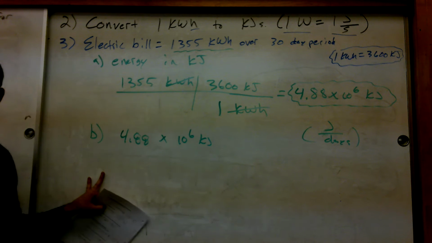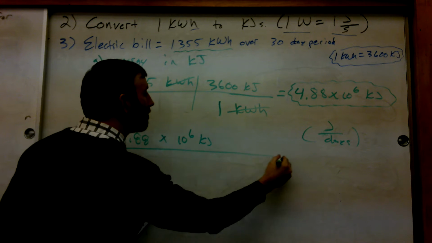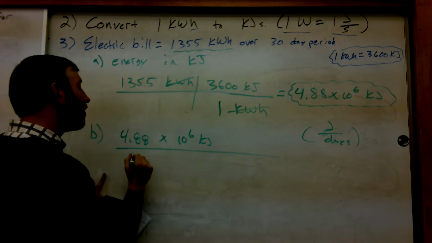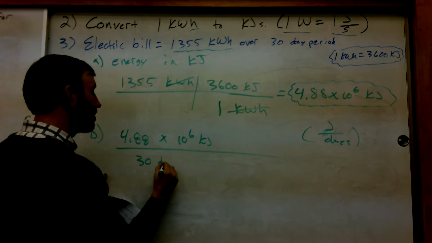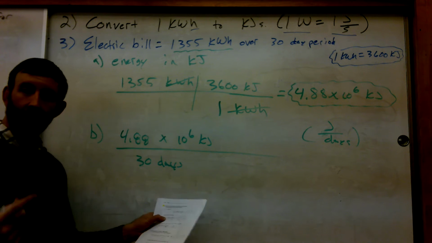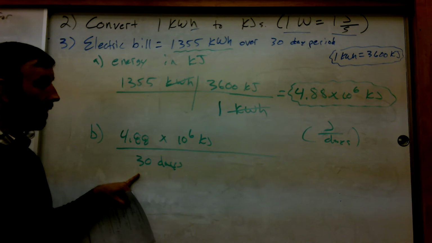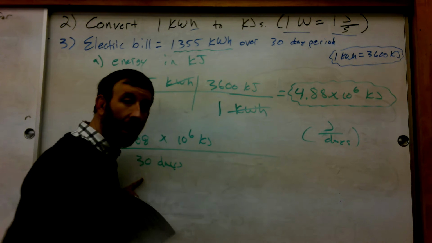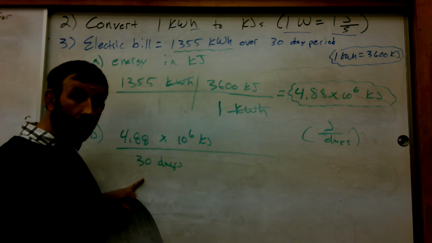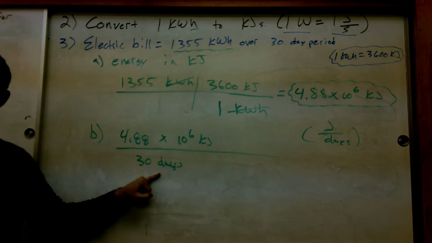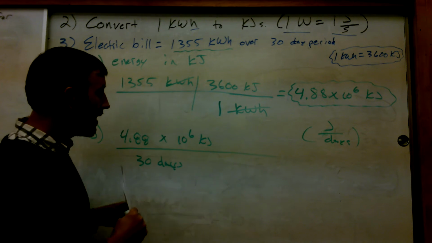Now I use that amount of energy over a 30-day period, right? So I can write over 30 days, because that's the period of time it took to use that amount of energy. And I want days as part of my calculation this time. So 4.88 times 10 to the 6 kilojoules per 30 days is how I write that.